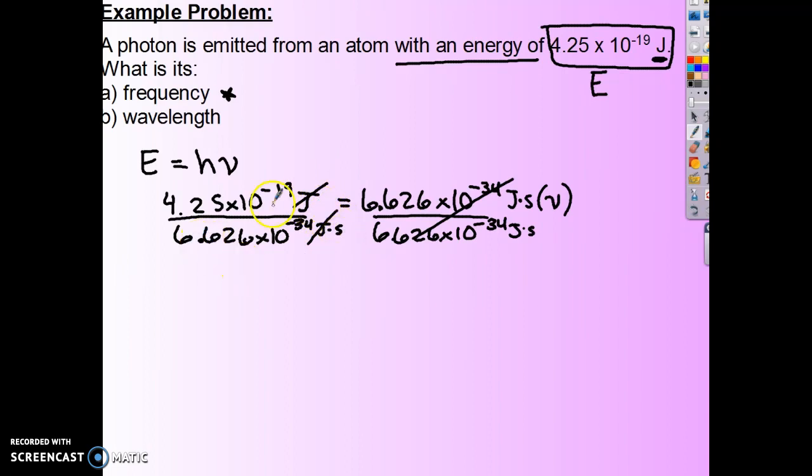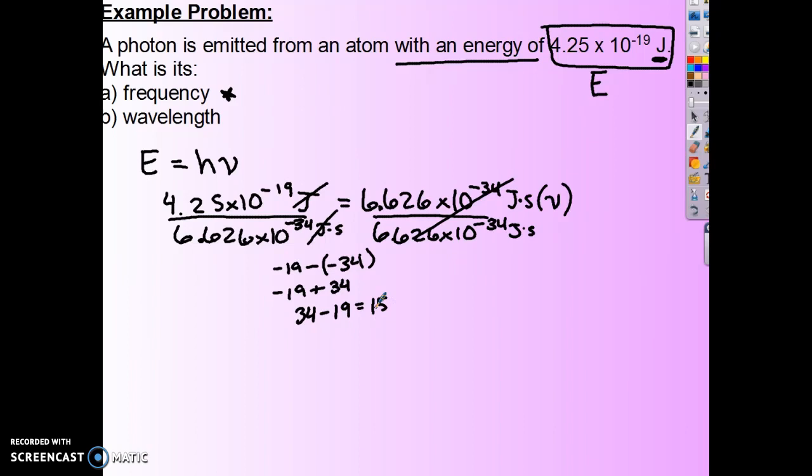Now again, we can figure out our approximate exponent we should get by taking the top minus the bottom. So negative 19 minus negative 34, that's the same thing as negative 19 plus 34, or 34 minus 19. So we should get about 15 for our exponent, positive 15.